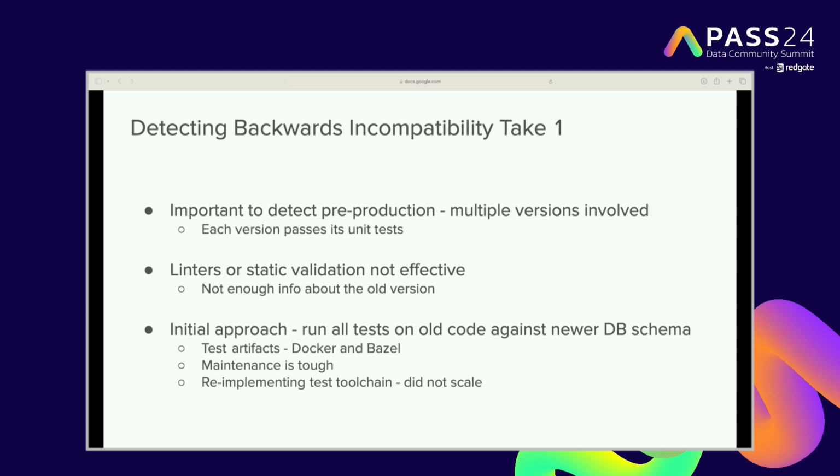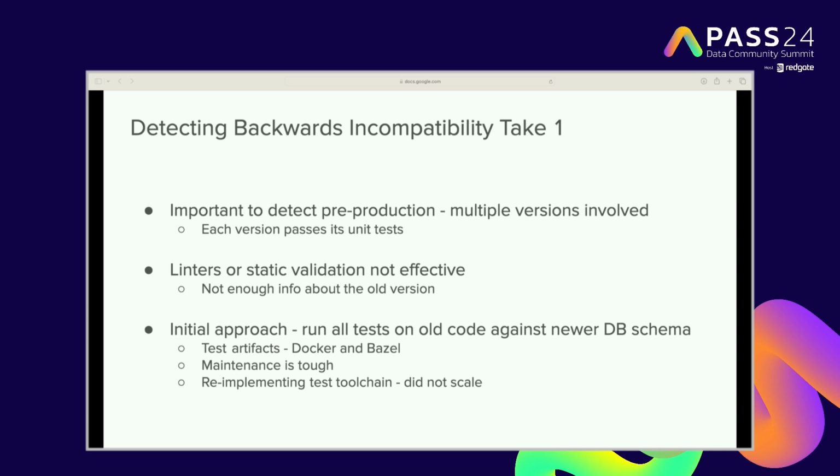So anytime somebody will make a new schema change, you would pull down the Docker container for the version currently deployed in production, which is the old version, and has all its old logic. And you would test that with a Postgres container containing the newer DDL change. So you're testing the scenario that we had in production, like how old code behaves with newer database schema.